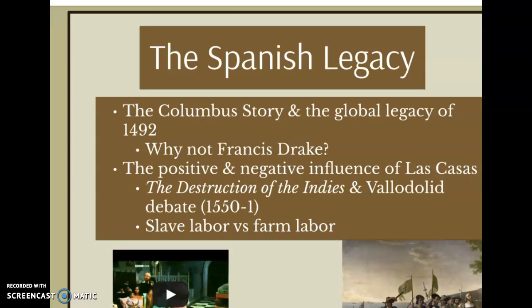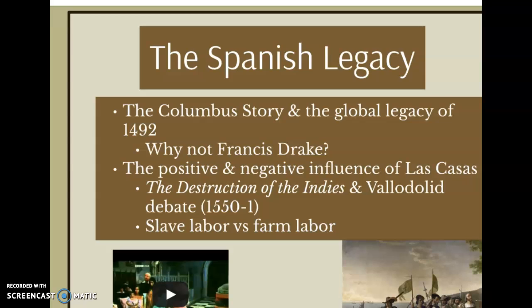If you pulled 100 Americans and asked, what's the origin story of the United States, would they start with Columbus, or would they gravitate more to Plymouth and the Pilgrims and the Native Americans? And why is that? Even Francis Drake, the basically English pirate who's a thorn in the side of the Spanish, was actually on the coast of California at one point. Why don't we ever talk about that as discovery?